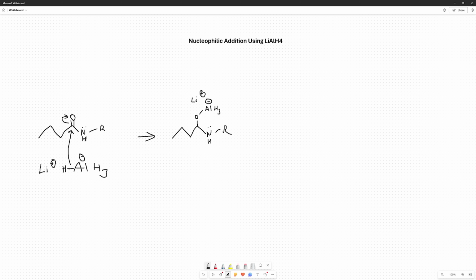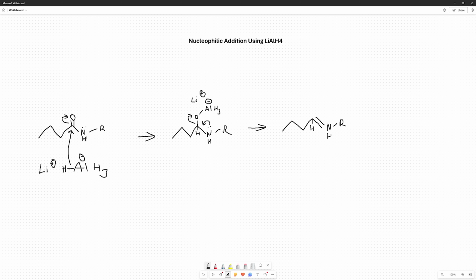So from here, this lone pair of the nitrogen is very important, because that's going to form a pi bond with the carbon here, and that's going to break the sigma bond between carbon and oxygen, and that is going to eliminate the oxygen. So now we're going to end up with this compound. Oh, and sorry, there should be a hydrogen there, which is my fault for not including it. But now we're going to end up with this compound here.